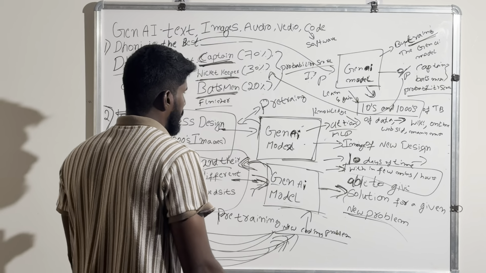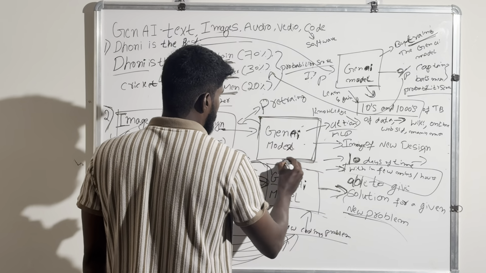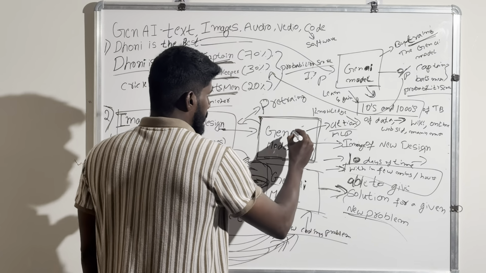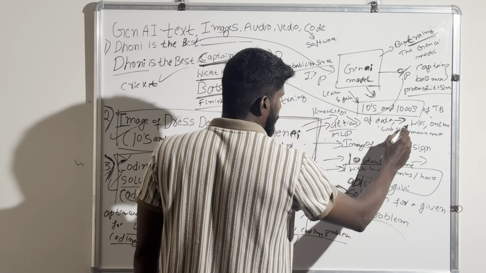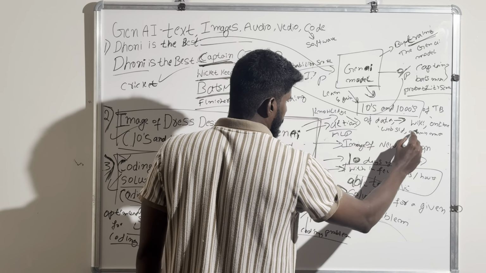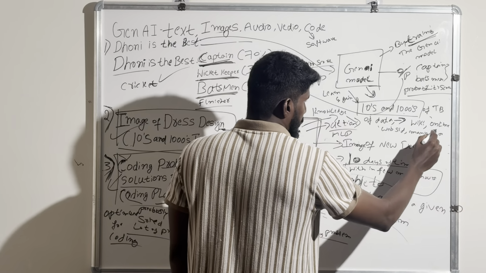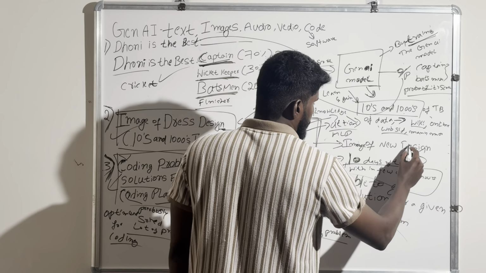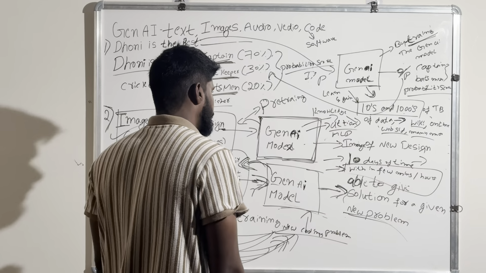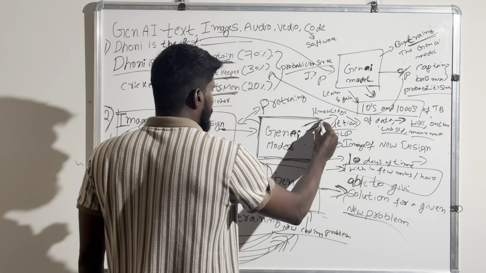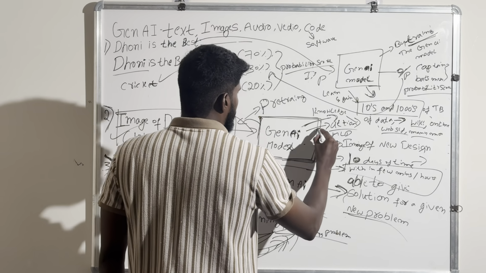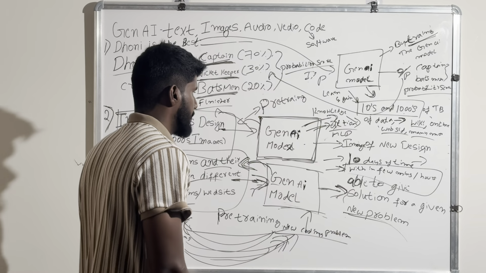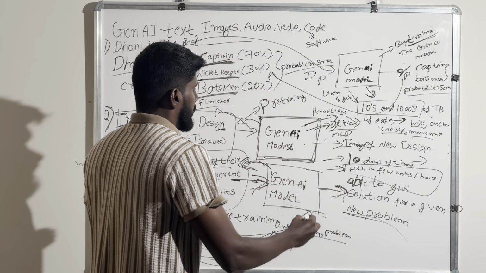As of now, think of this Gen AI as a black box which is trained on tens of thousands of TBs of data from different data sources like Wikipedia, online websites, online content, online books, and so on. Using that knowledge, when you give an input to this Gen AI model, it should be able to generate new content for you. Correct, right?